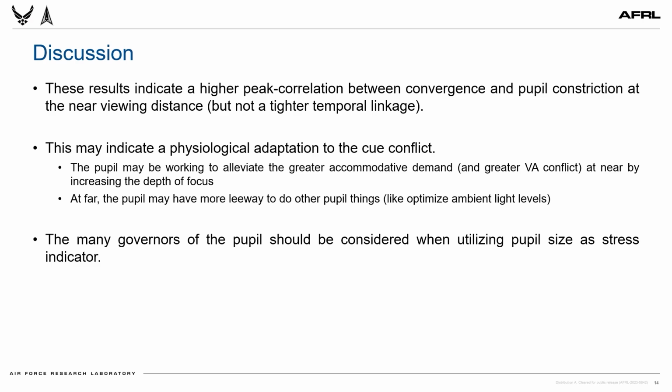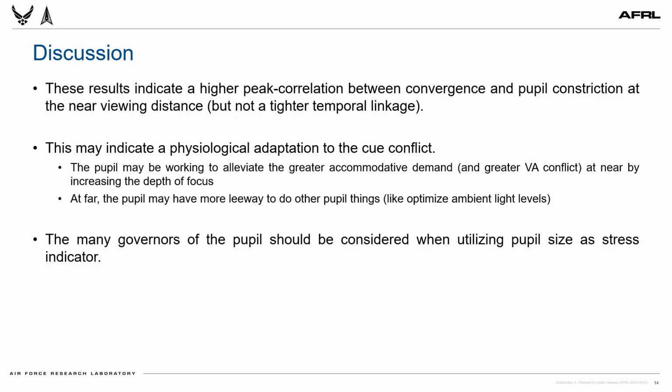Which brings me to my next point, is that when you are considering the pupil, there's a lot of folks in this field who like to think of the pupil as some sort of window to the soul, but it is a part of the visual system. It's got a job to do, and that job is to optimize the retinal image quality.